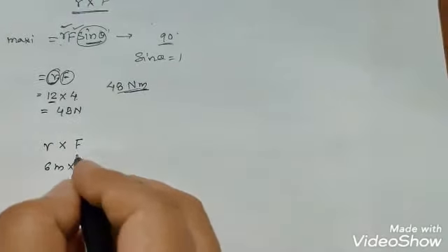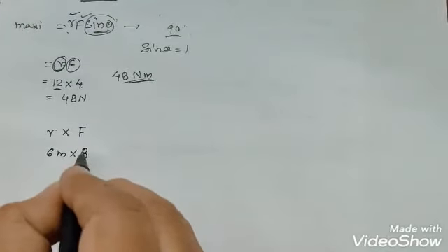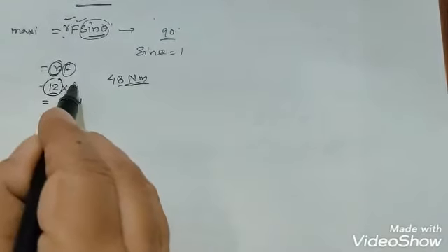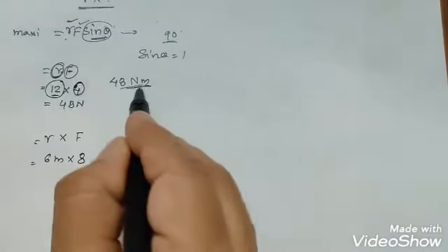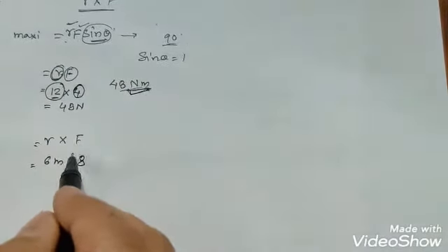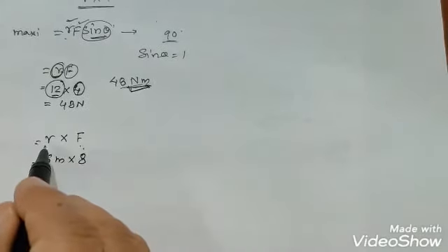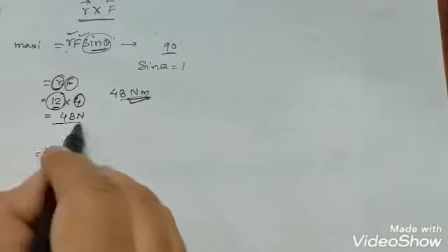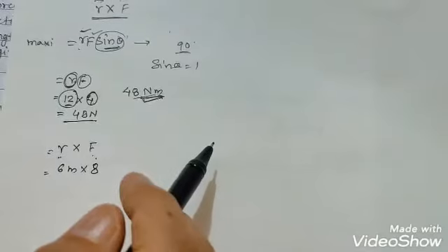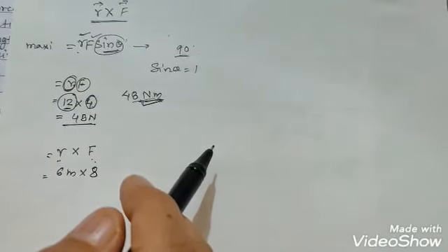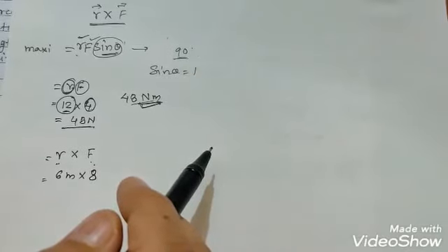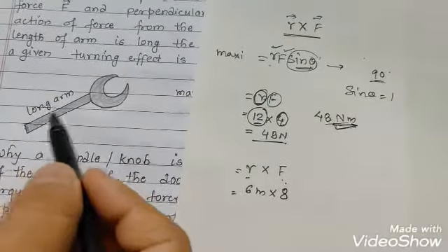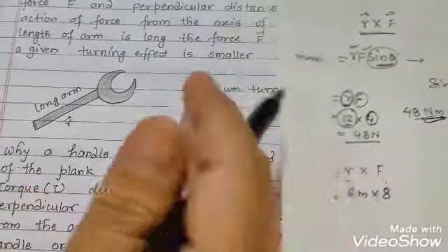So what we have seen is that if we take a long arm, with less effort we can produce the same turning effect which we would produce with more effort and a shorter arm. So by applying very little effort we can open any nut and bolt with the help of the wrench, if we use the long arm.